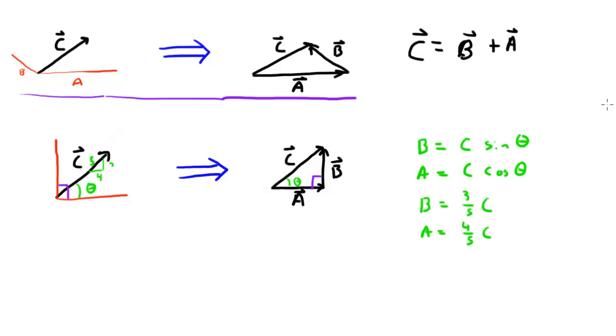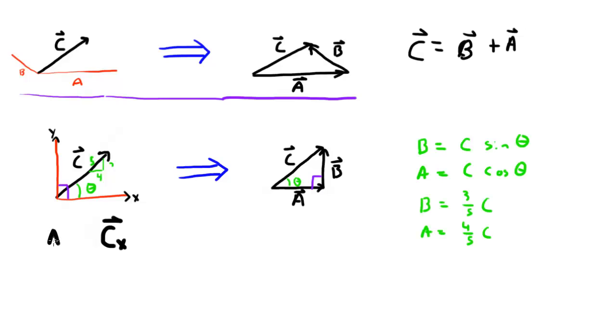So now that we can decompose a vector into two orthogonal direction vectors, we can use some special notation. If we say that this direction, which we've previously been calling A, is the x direction, and this direction that we've previously been calling B is the y direction, you should now be able to recognize that the A vector, which points in the x direction, can also be called the Cx vector.